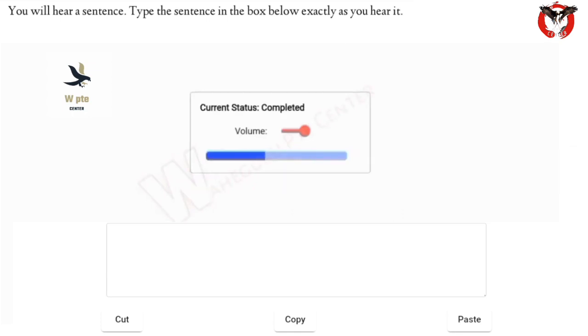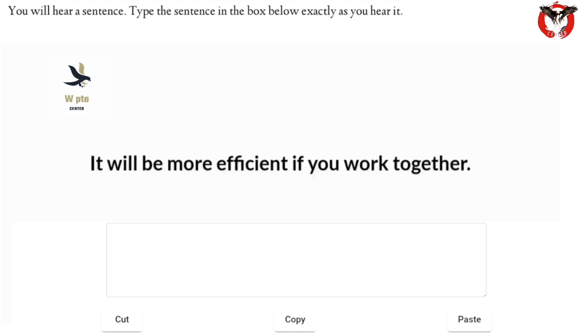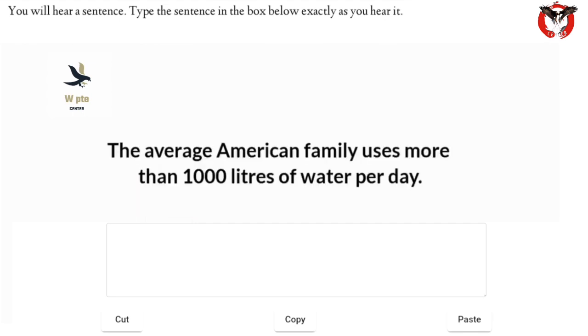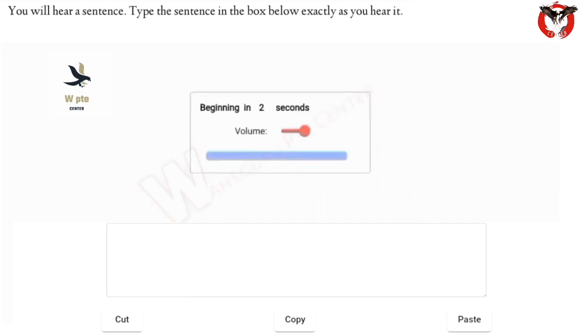It will be more efficient if you work together. The average American family uses more than 1,000 liters of water per day. Find a place to study that is quiet and with few distractions.